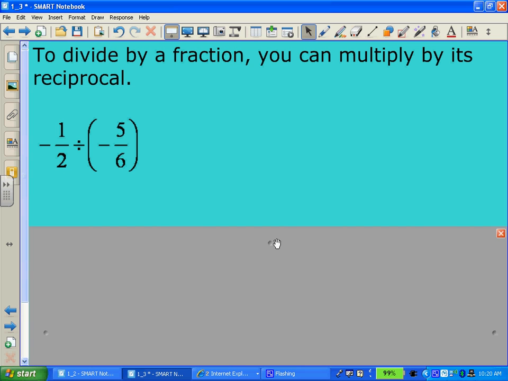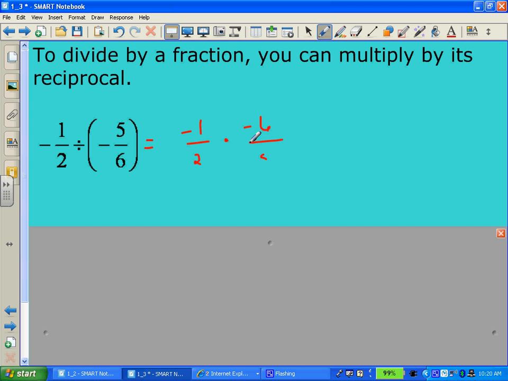And reciprocal, as we just talked about, is where you flip the fraction over. So on this first problem here, we have -1/2 divided by -5/6. So I'm going to rewrite that as a multiplication problem. So I have -1/2 times, and now I have to use the reciprocal.